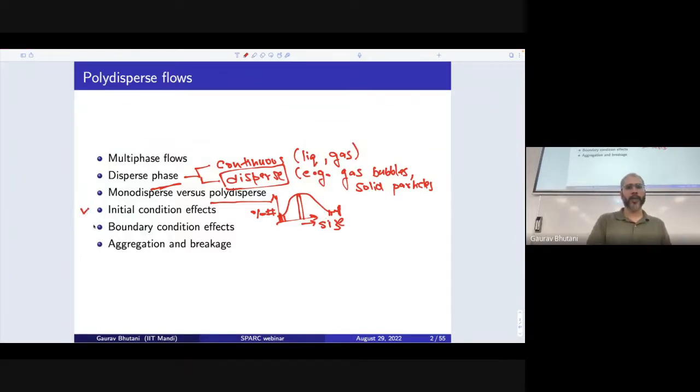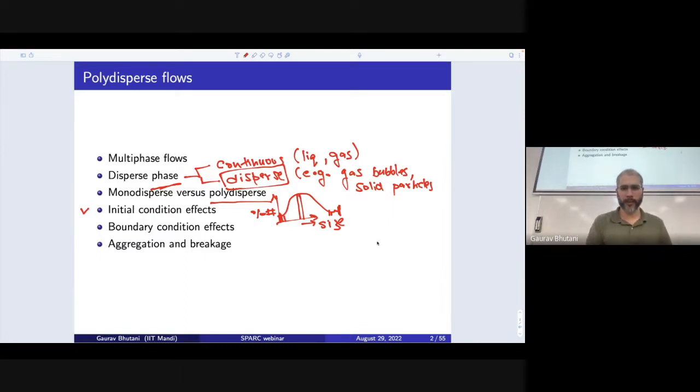The other is you can have boundary condition effects. So boundary condition effects are that even though you start with a system that is completely monodisperse, some particles are entering your system, and these particles, as they enter, they bring in polydispersity. So let's say you have a boundary.